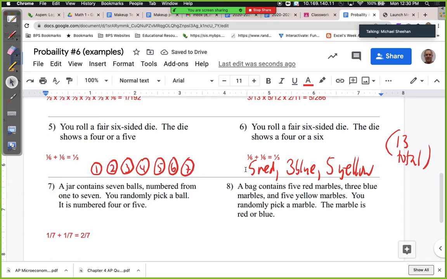Well, I've got a 5 out of 13 chance of getting a red, or means I'm going to add them. I've got a 3 out of 13 chance of getting a blue. So what's my probability of getting a red or a blue? It's 5 out of 13 plus 3 out of 13, which is 8 out of 13.